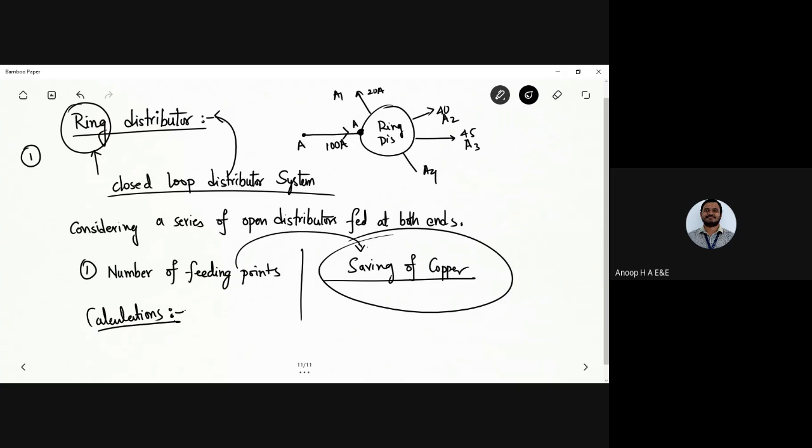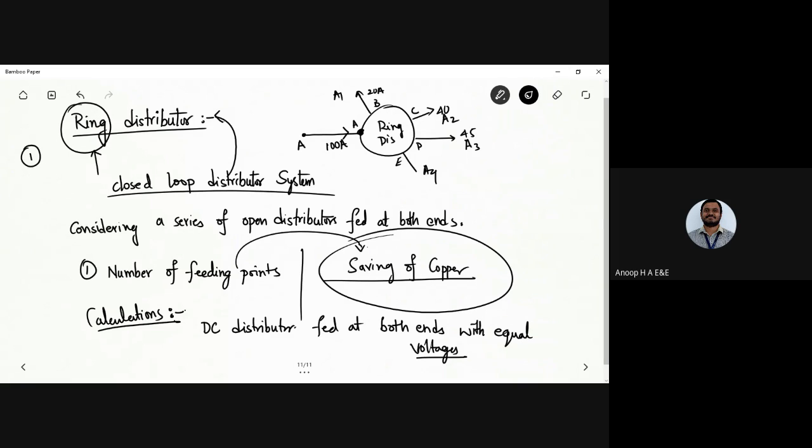So I call these points A, B, C, D and E. From point A, the feeding points are B, C, D and E. That is why you will be considering a DC distributor fed at both ends with equal voltages.